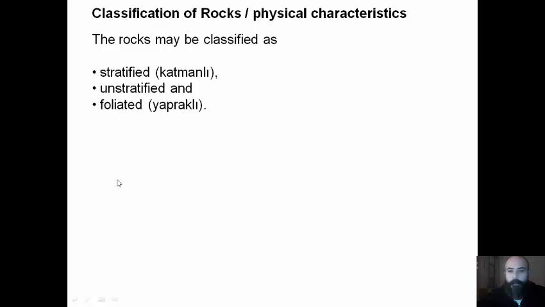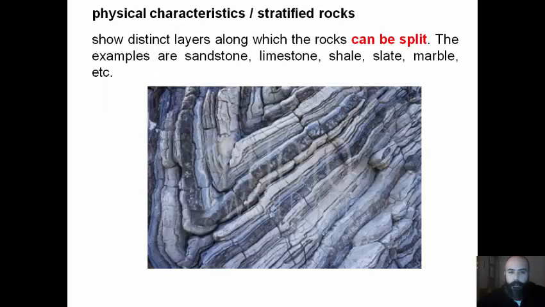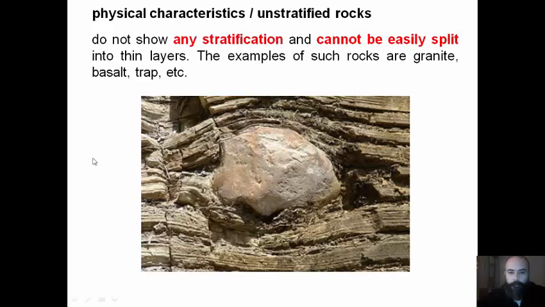According to the physical characteristics, the rocks may be classified as stratified, unstratified, or foliated. Stratified rocks show distinct layers, along with which the rock can be split. The examples are sandstone, limestone, shale, slate, marble. Unstratified rocks do not show any stratification and cannot be easily split into thin layers.